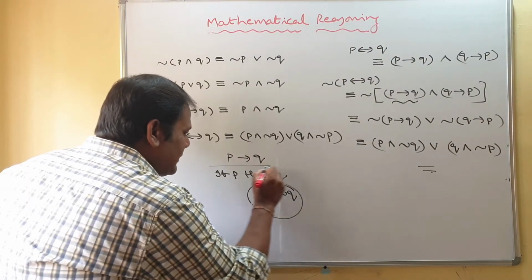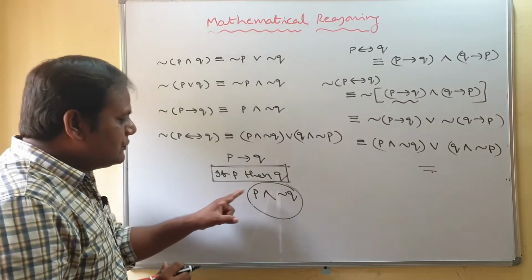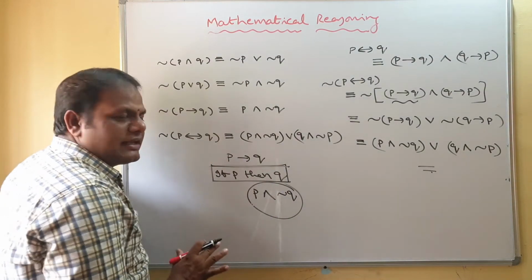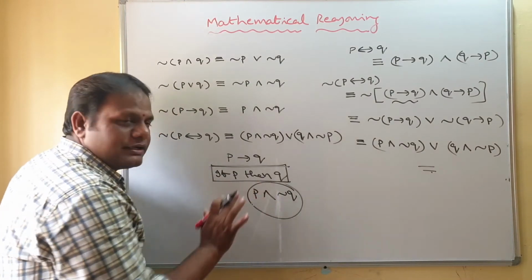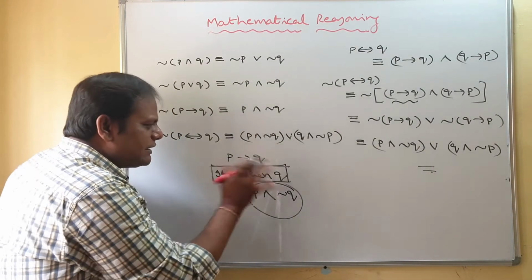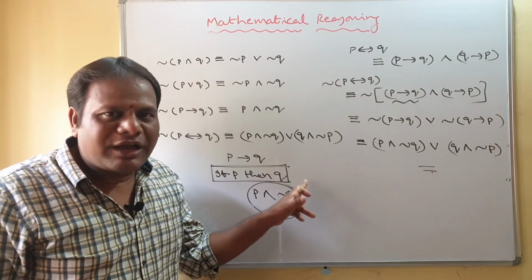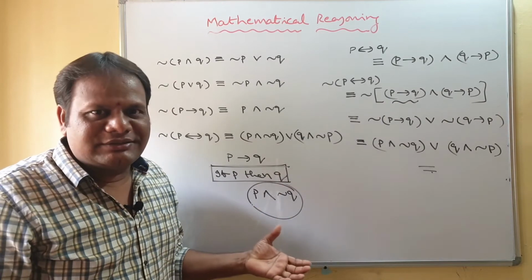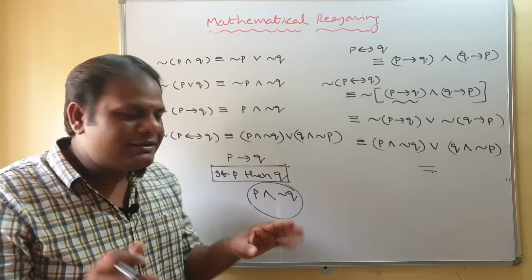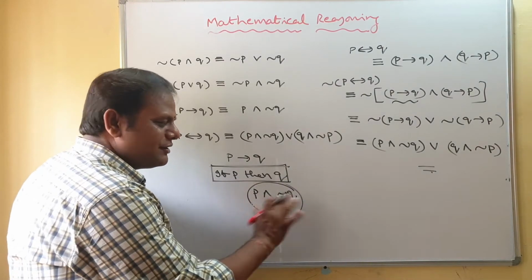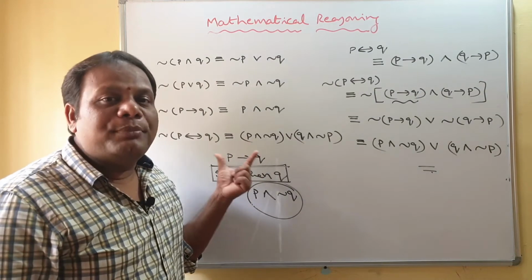If the statement is like this, if P then Q, then its negation is P and negation Q. So if P then Q means if P happens, then Q happens. So negative sense, P happens, but Q does not happen. That is negation to implication.